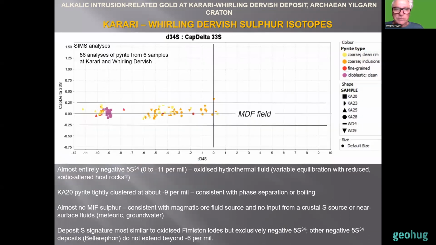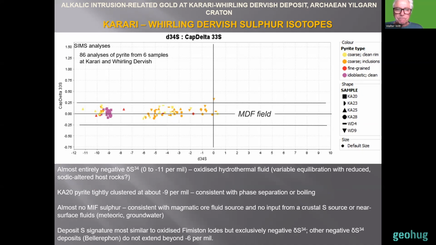The sulfur isotopes. The sulfur isotopes show that the delta S34 of pyrite is almost entirely negative, which is consistent with a strongly oxidized hydrothermal ore fluid.